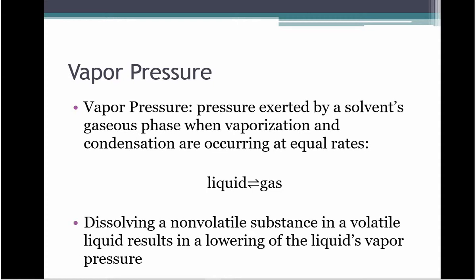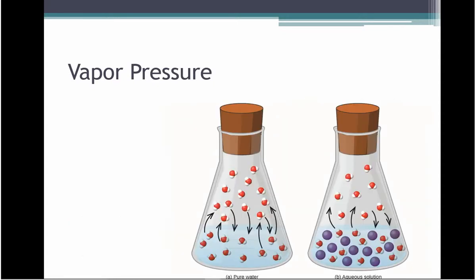Now, generally, you always have some particles leaving as gas, some particles coming back to the liquid phase. I mean, if you leave a glass of water out, it evaporates over time. The same thing can happen here. So the more particles you have, the more interactions that are present, the less likely it is to go up to the gas phase. And so here you can see you have a lot of vapor phase present.